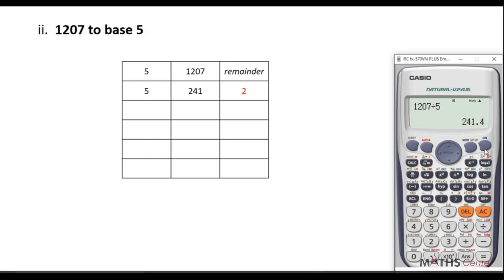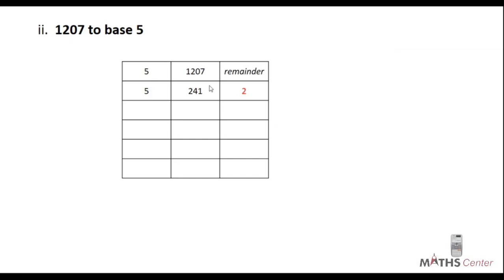So we multiply 241 by 5, and we are getting 1205. So you see that if you multiply 241 by 5, you are getting 1205. If you subtract 1205 from 1207, you are getting 2. So 2 is the remainder.